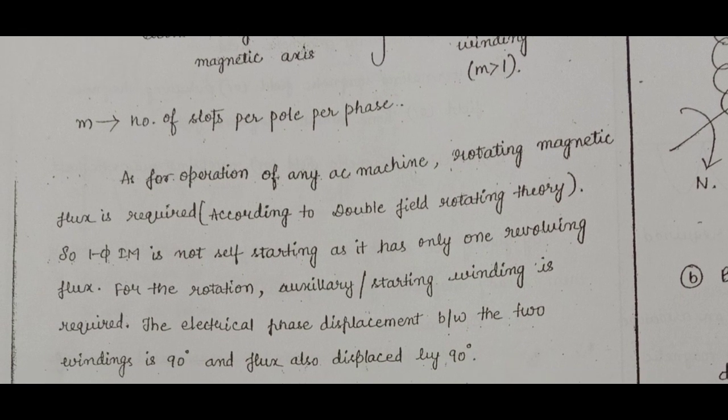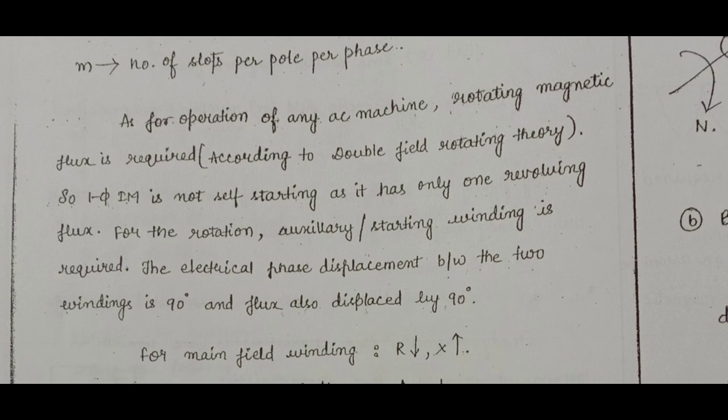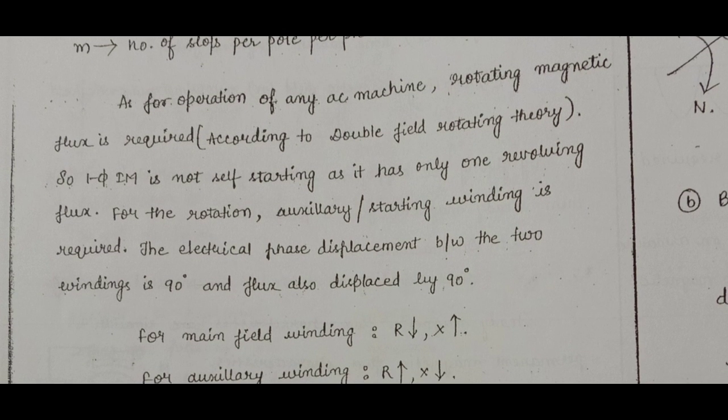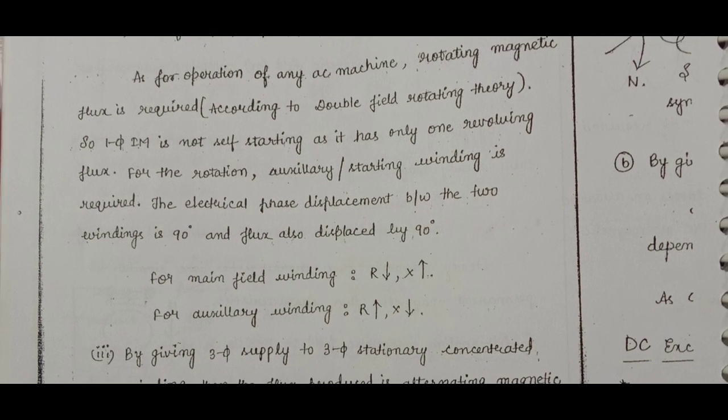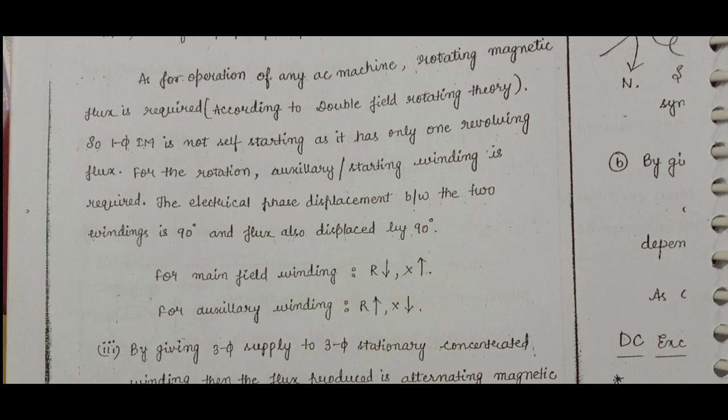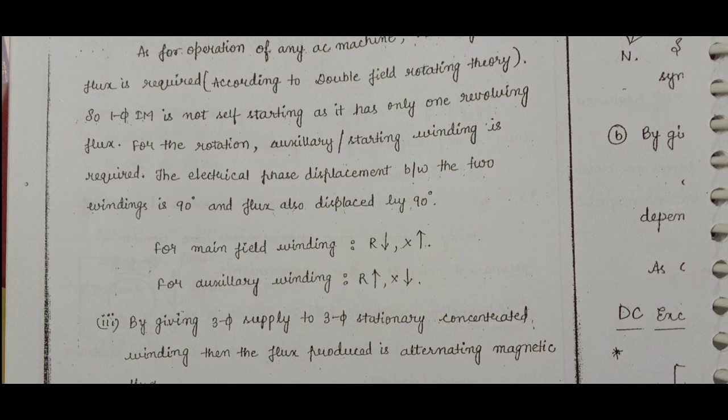M is the number of slots per phase. For the operation of any AC machine, rotating magnetic flux is required. According to the double field revolving theory, the single phase induction machine is not self-starting as it has only one revolving flux for the rotation.